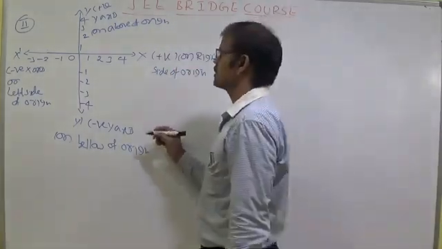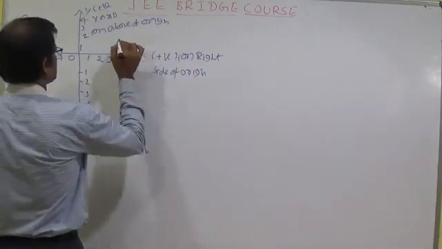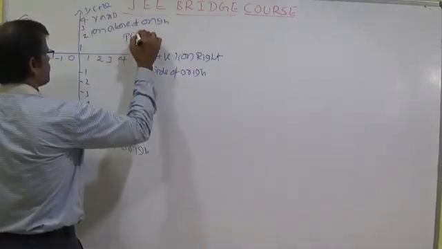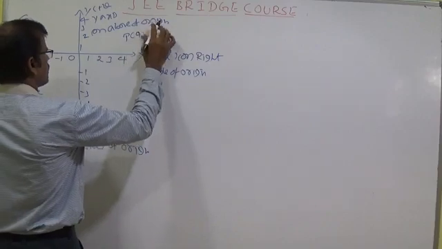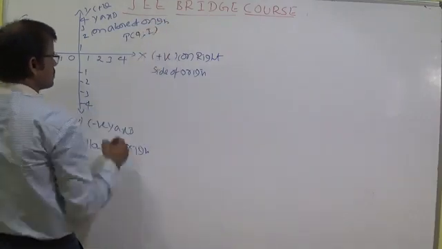If we notate here, for example, you take a point here, let the point P be 4, 2.